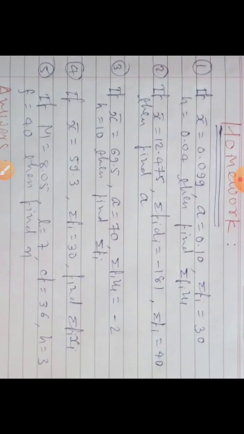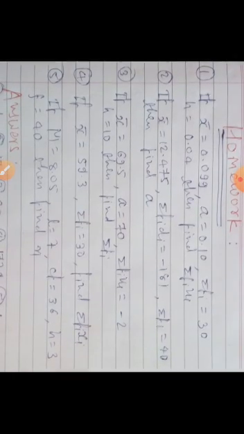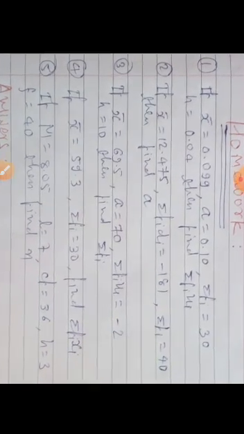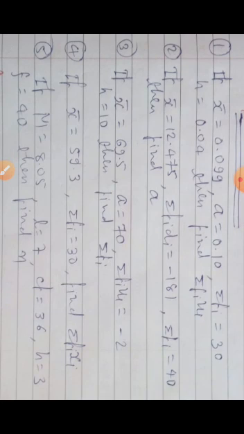Again, I have given you 5 sums. In the first one, x bar is given 0.099, a is given 0.10, sigma fi di is 0.04, then find sigma fi yi.